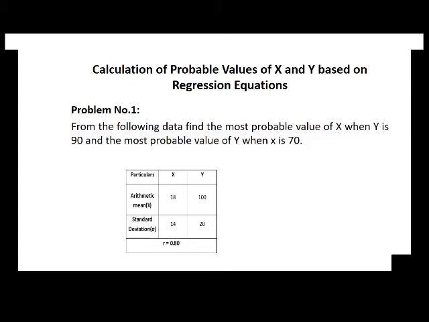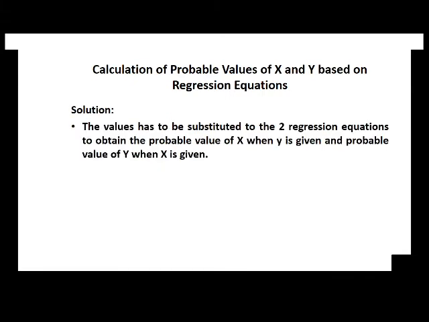The given information: the arithmetic mean of x is 18, the arithmetic mean of the y series is 100, the standard deviation of the x series is 14, the standard deviation of the y series is 20, and the correlation of x and y is 0.80. So how to solve the problem? The values have to be substituted into the two regression equations to obtain the probable values of x and y.